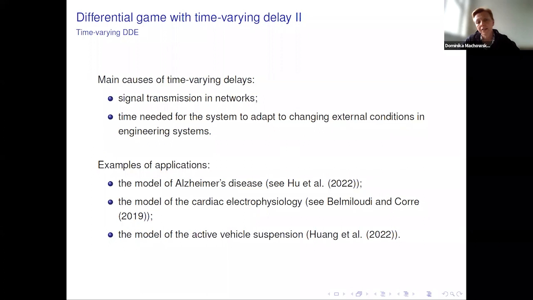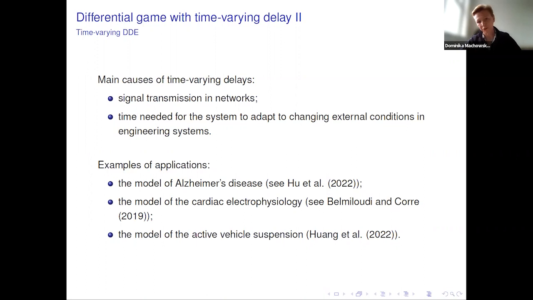And the second main problem with delays is because the systems have to adapt to external conditions such as temperature, humidity, or others. And there, I also write some models with time-varying delays.